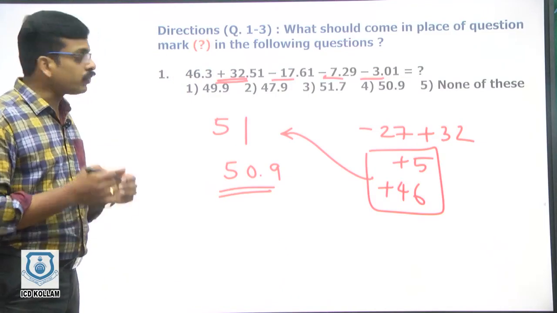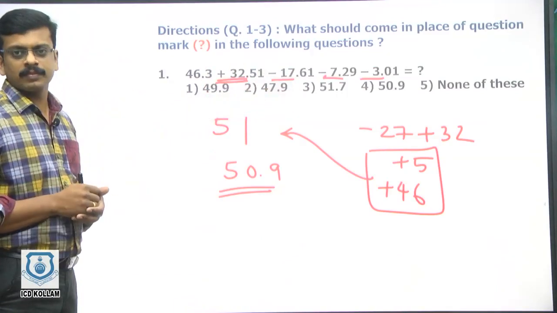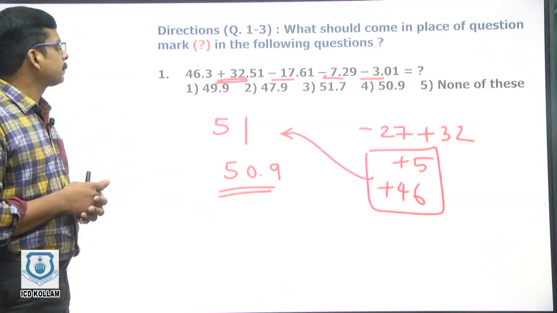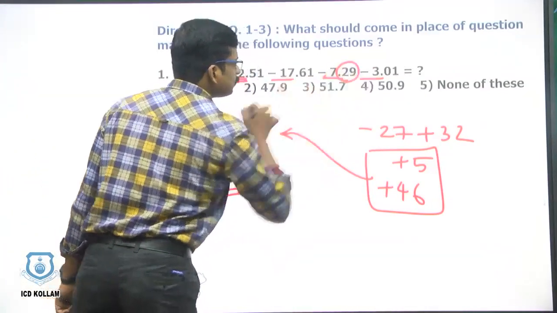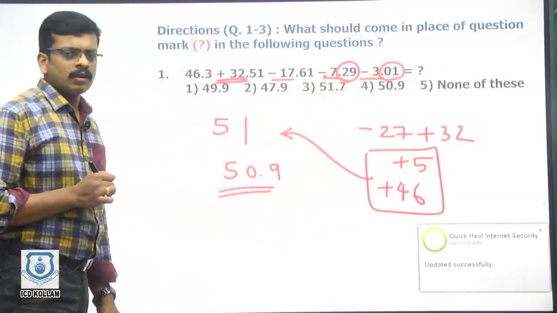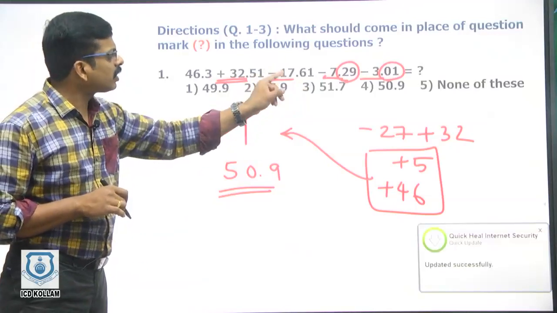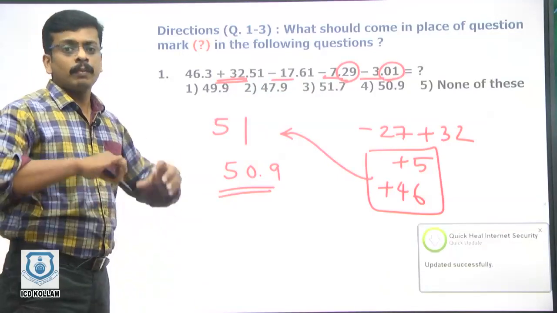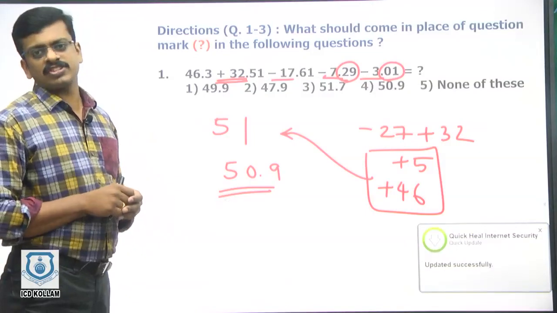Other than that 51, there are decimals. So decimal calculation. Here 0.29 is here, 0.01 is here, both are on the negative side. So we can say total minus 0.30 or minus 0.3 it is.